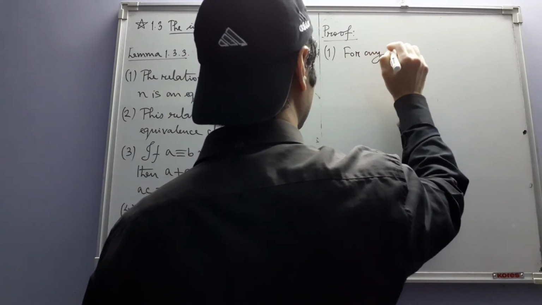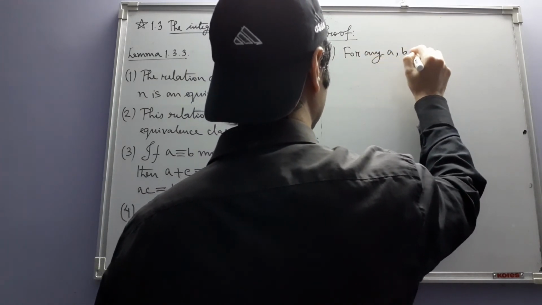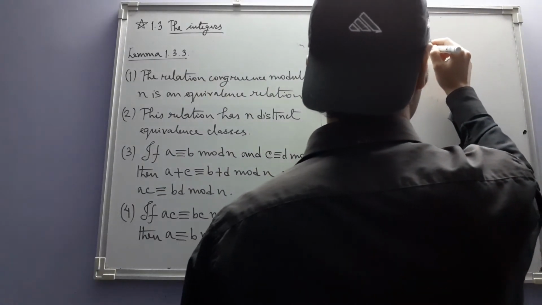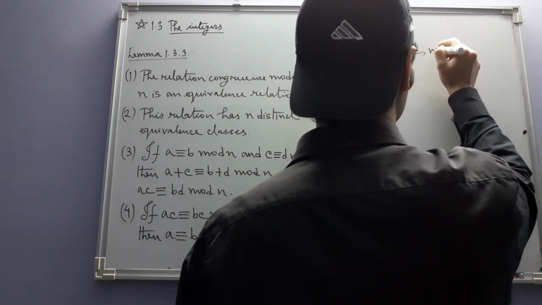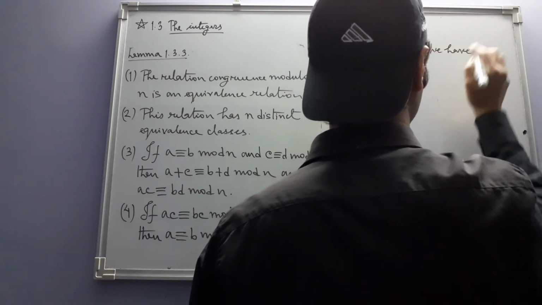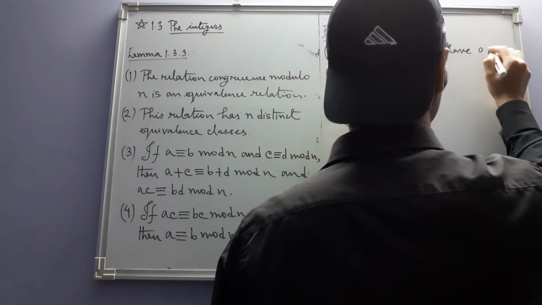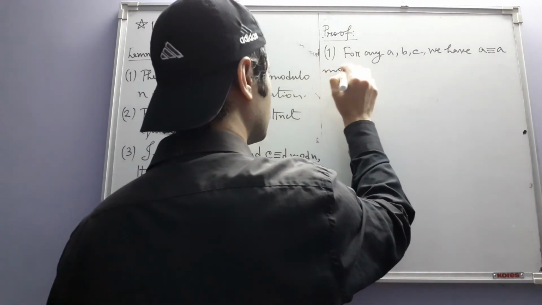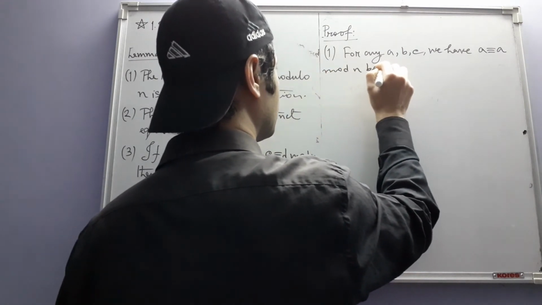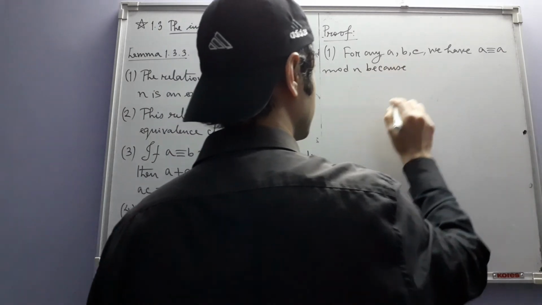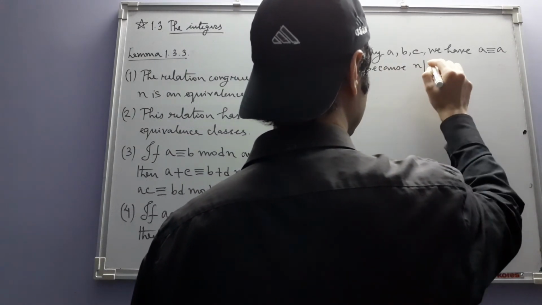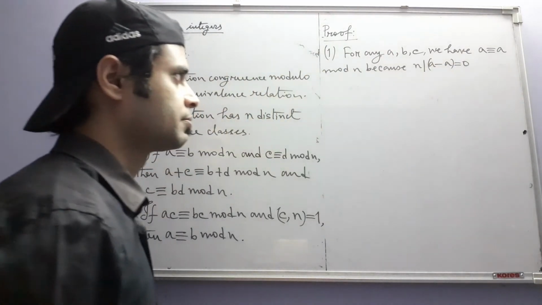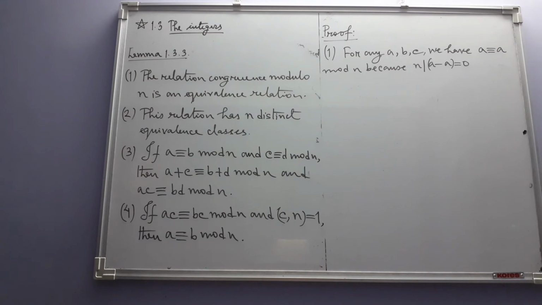For any integers a, b and c, we have a is congruent to a mod n, because n divides a minus a, which is nothing but 0. Any positive integer divides 0.